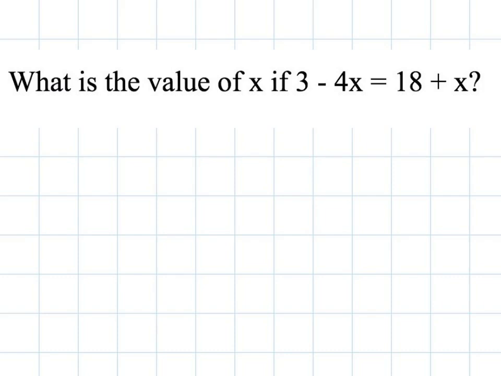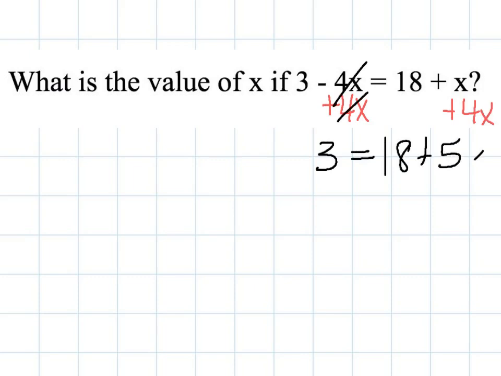Go ahead and copy it down, pause the video, and give it a try. Okay, so hopefully you said that your first move was to add 4x to both sides, and that's going to give you 3 equals, because these are going to cancel, 3 equals 18 plus 5x. And then your next move is to subtract 18 from both sides.